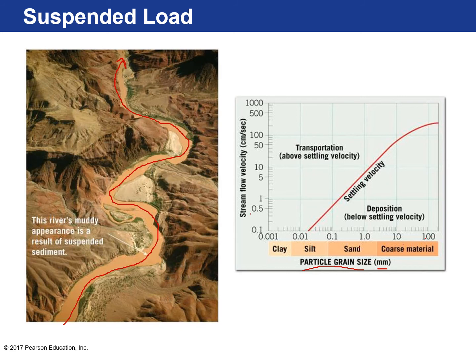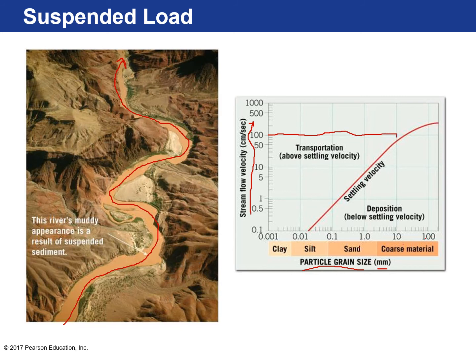And then here on this axis is the flow velocity, and you increase as you go upwards. What you notice is this line here, this is the settling velocity of all of these particles at different velocities. So let's pretend you have water moving at 100 centimeters per second. That's an entire meter every second.